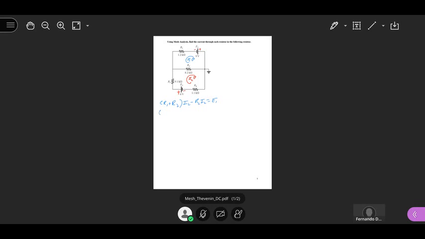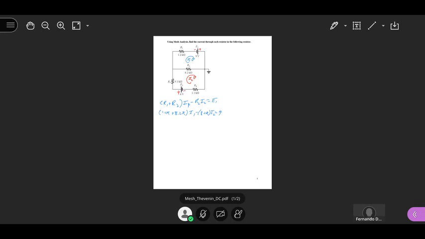Now let's substitute these numbers, right? I could have done this in one step, I just added directly, but I'm going to do it little by little so you can see. So this is equal to 1.2k plus 8.2k times I1, minus 8.2k times I2, equal to 9 volts, right?